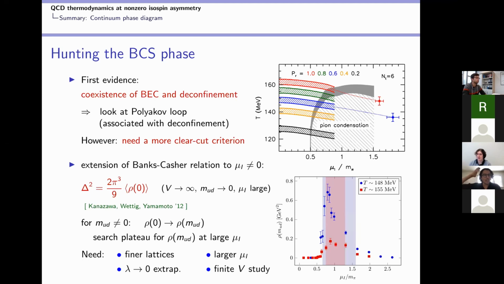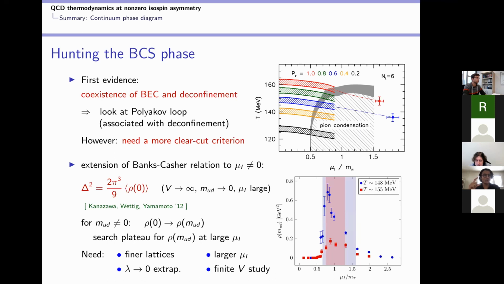Sorry, but can I make a comment about this? Absolutely. There is a study by Son and Stephanov at high isospin chemical potentials, right? There's a BCS gap at asymptotically large isospin chemical potentials. Since there's a BCS gap, if you're below the gap, you can write down the effective theory, which is a gluonic theory with modified coefficients. And we know that for a purely gluonic theory, there is a deconfinement transition below the gap.